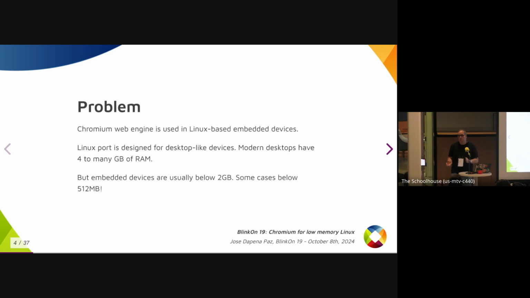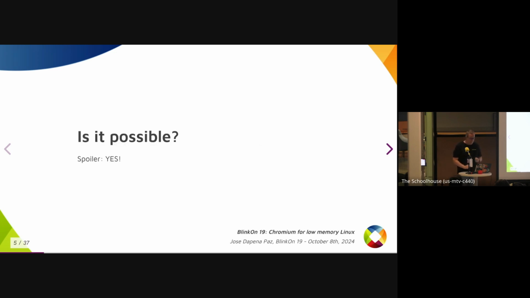Modern desktops now usually have 4 GB at least, but way more than that quite often. But on these kinds of embedded devices, we quite often have devices that have 2 GB or less of memory, and in some cases we can get even half a gigabyte. It makes things a bit more complicated.